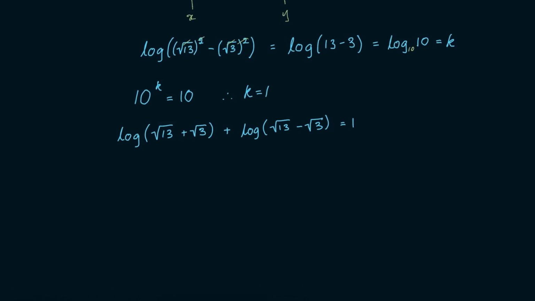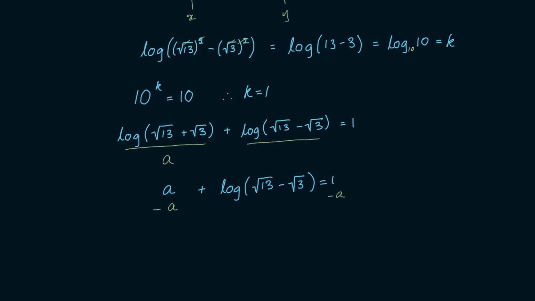But wait a minute. We have another value for this, for the log of the square root of 13 plus the square root of 3. From our first equation, this is equal to a. And we are asked to solve for this value in terms of a. Well, this is just completely simple. We have a plus the log of the square root of 13 minus the square root of 3 is equal to 1.